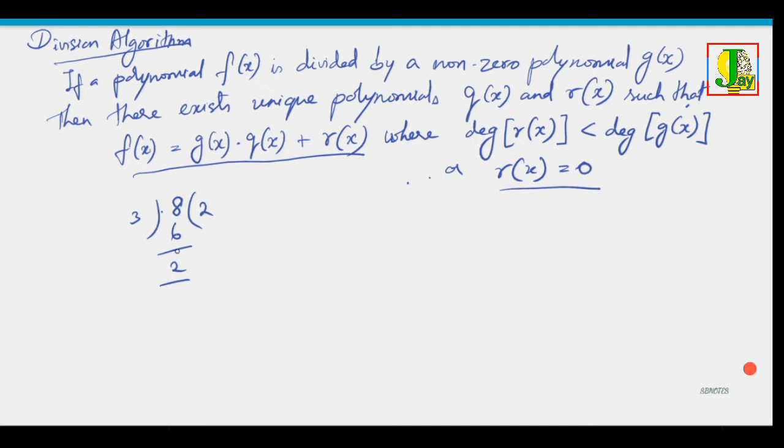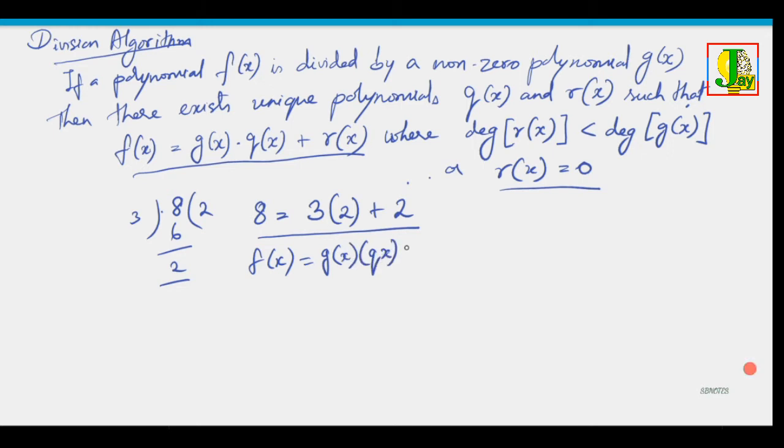So if I write this whole thing in the division algorithm form, dividend equals divisor, that is 3, into quotient plus remainder, which is 2. If you now compare with this, you get f(x) equals g(x) into q(x) plus r(x).